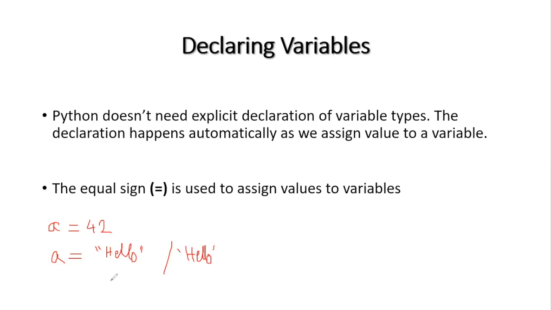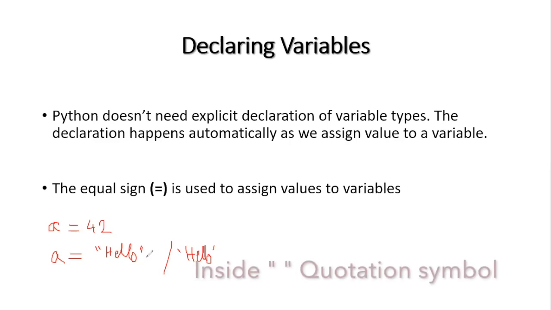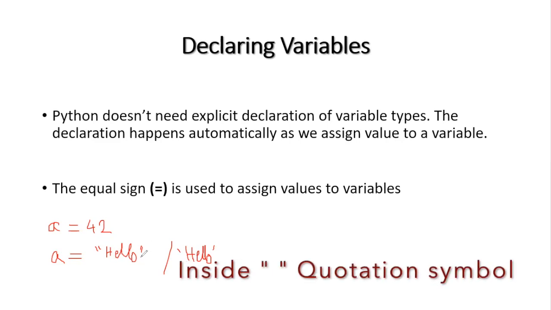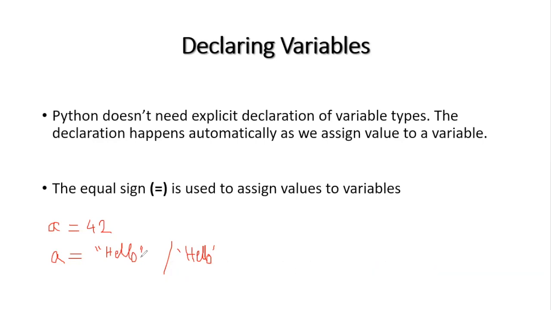Now, note, we never actually declared that a should be an integer or a should be a string. The Python language itself understands that when you write 42, the user needs a to be an integer variable. When you write something inside the parentheses, it understands that you need it to be used as a string variable.